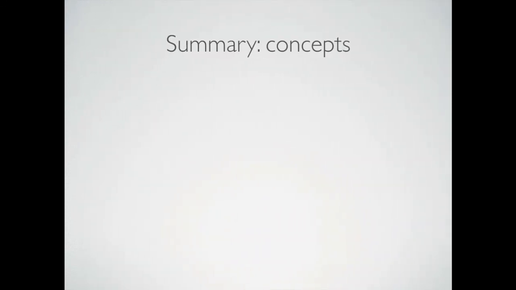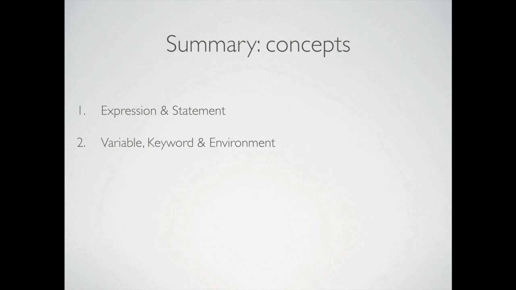Okay, here is our summary. That's all we get from the second chapter of Eloquent JavaScript. First, we have some new concepts to learn. Expressions and statements are like phrases and sentences. A variable is the thing you use to store a value so that you can use it later.